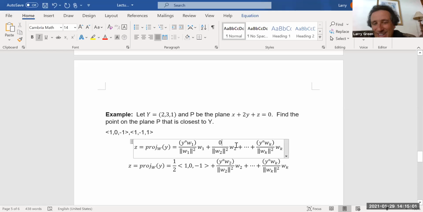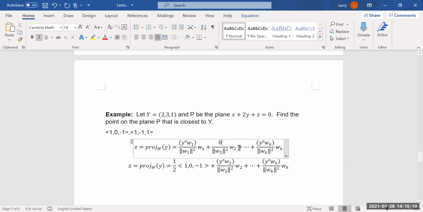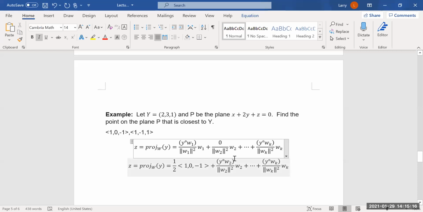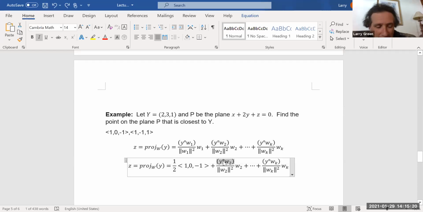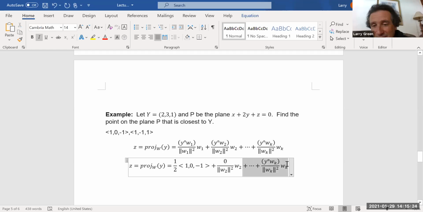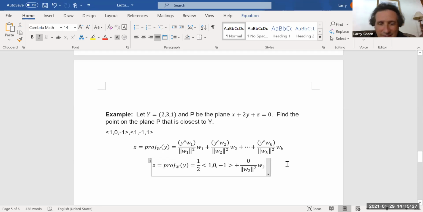Once you get 0, you're good. What about all this other plus dot dot dot plus stuff? Depending on how big our basis is, we continue. But we have an example here. That's 0 because there's no wk. It's gone. It doesn't even apply. In other examples, it could, but in this example, we're done. Any questions on that?